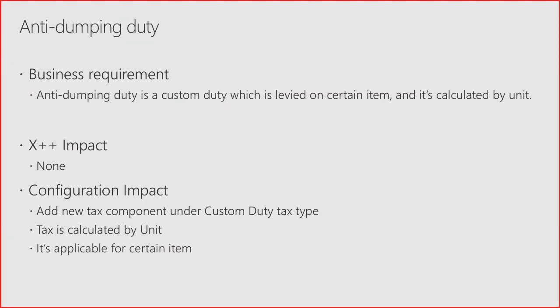We need to make sure that the tax is calculated per unit, not by the net amount, or, in India, by the assessable value. From the applicability perspective, it's not applicable for all import-export orders, only for certain items. That is the way to analyze the business requirement from the GTE perspective.